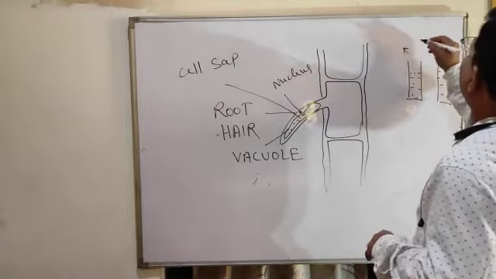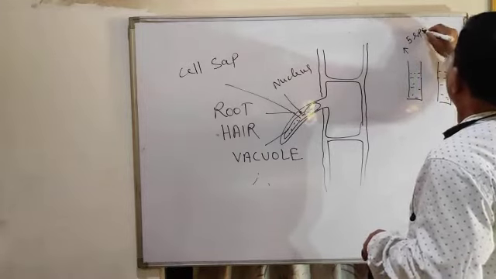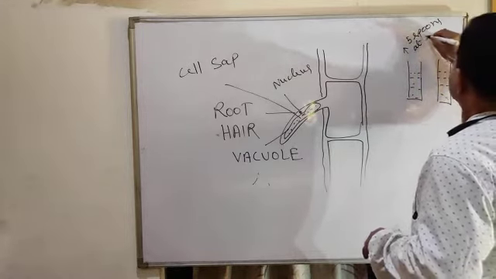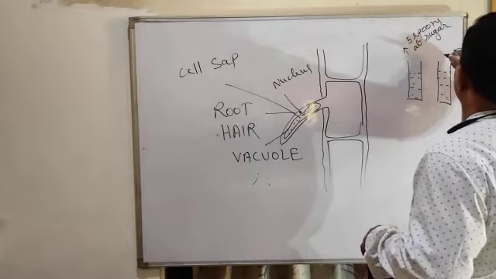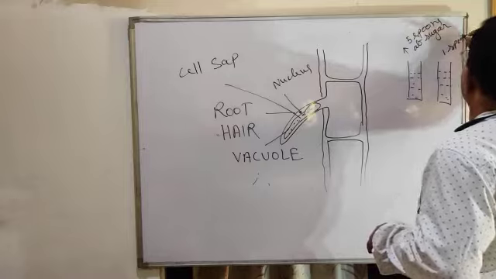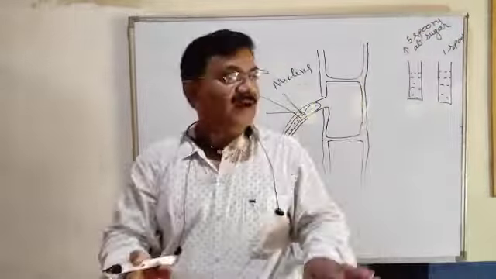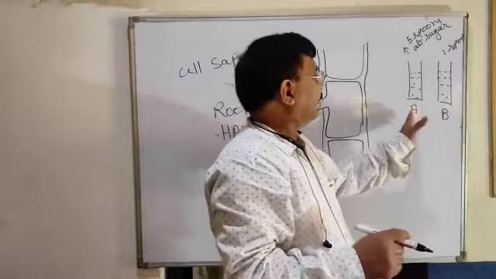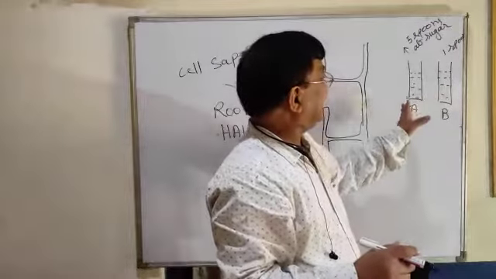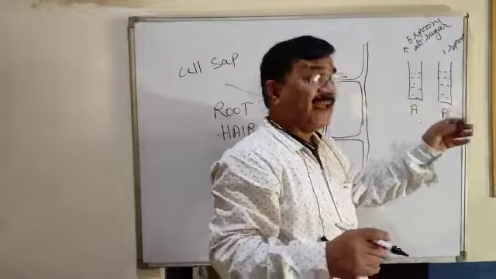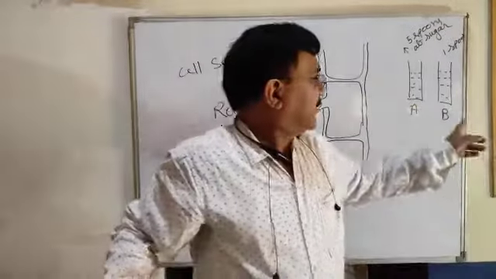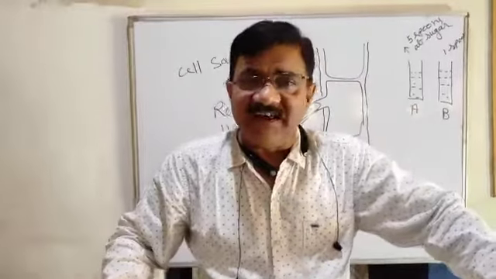Here you have added 5 spoons of sugar, and here only 1 spoon of sugar. The strength of the solution in A will be more compared to B. It means the concentration of the solution present in A is higher compared to the solution present in B.